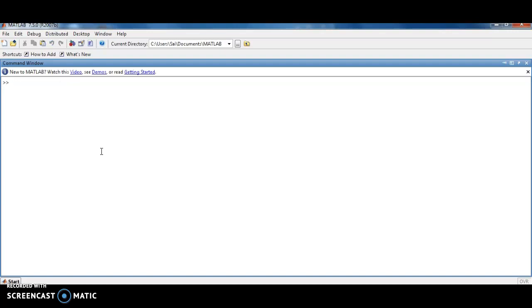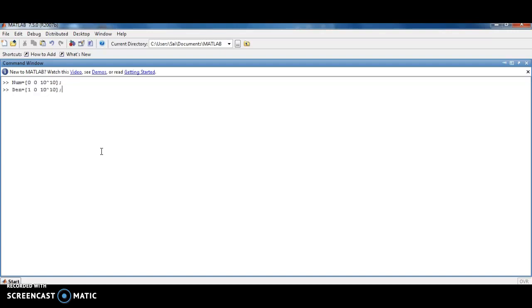So for the underdamped case, we are going to take the transfer function as 10 raised to 10 divided by s square plus 40,000 s plus 10 raised to 10. So numerator 10 raised to 10, s square and s term is not present.